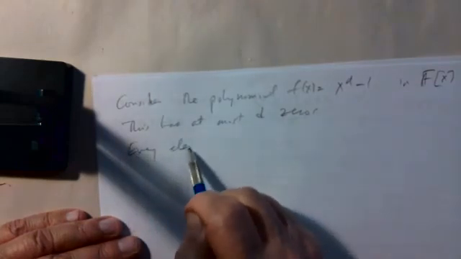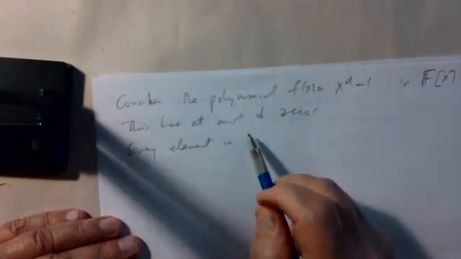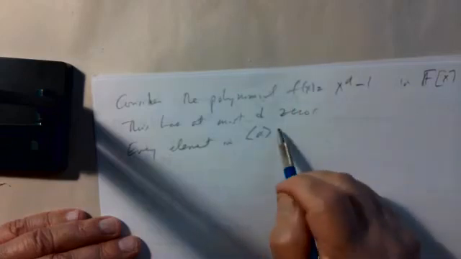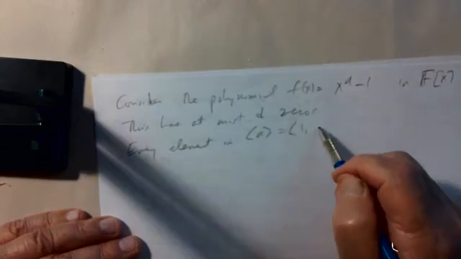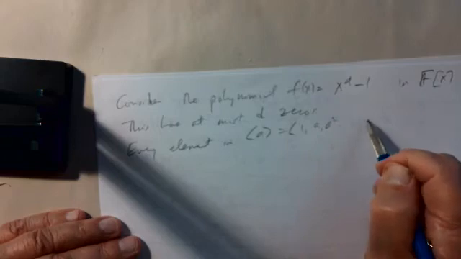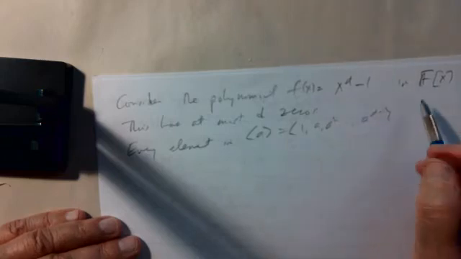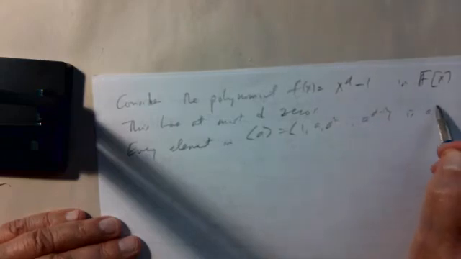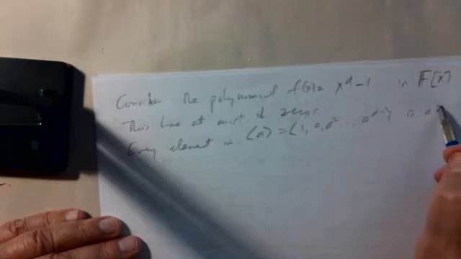But every element in the cyclic subgroup generated by A, I'll write the identity as 1, A, A squared up to A to the D minus 1, is a 0 of F.